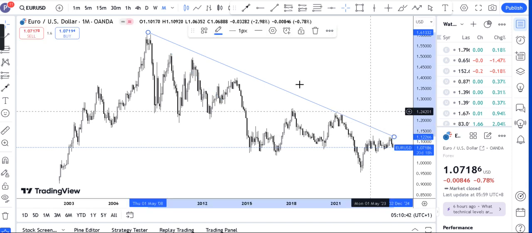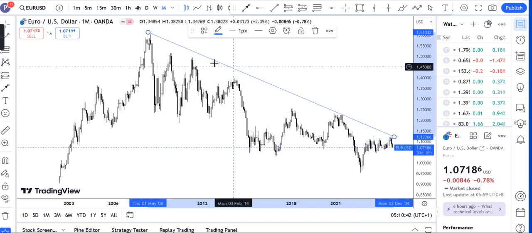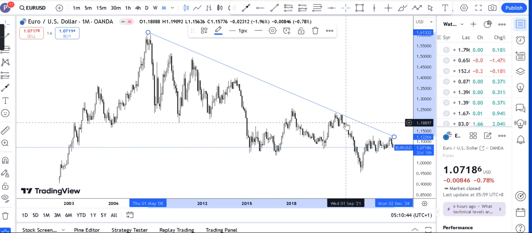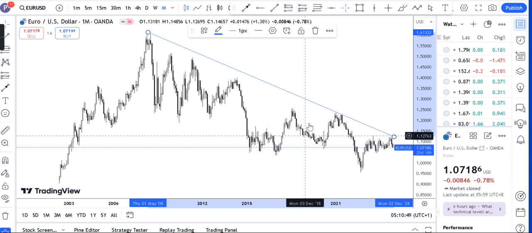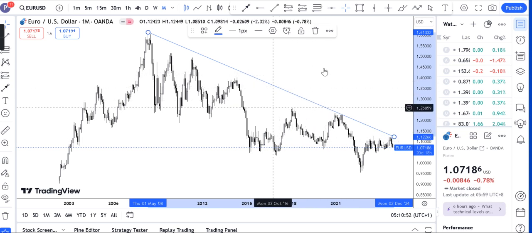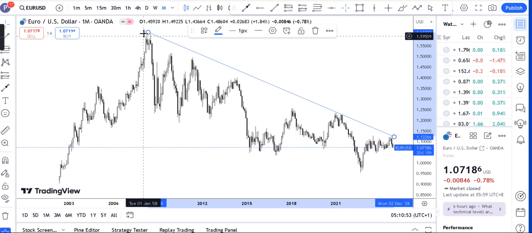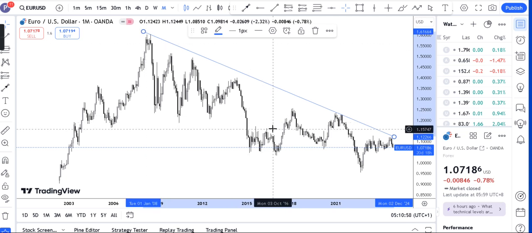Drag it alongside the lowest high that aligns, that doesn't have a candlestick body above this particular trend line. So that's why we connect our trend line from this particular point.